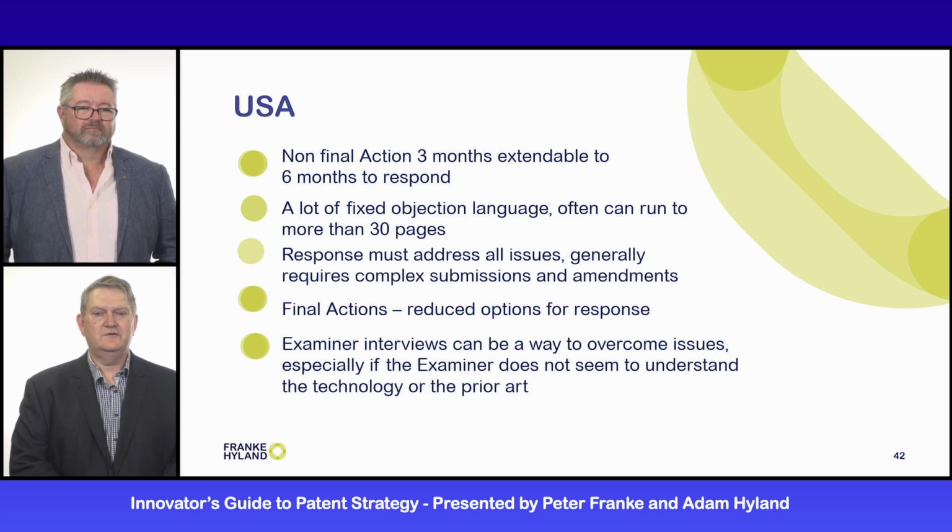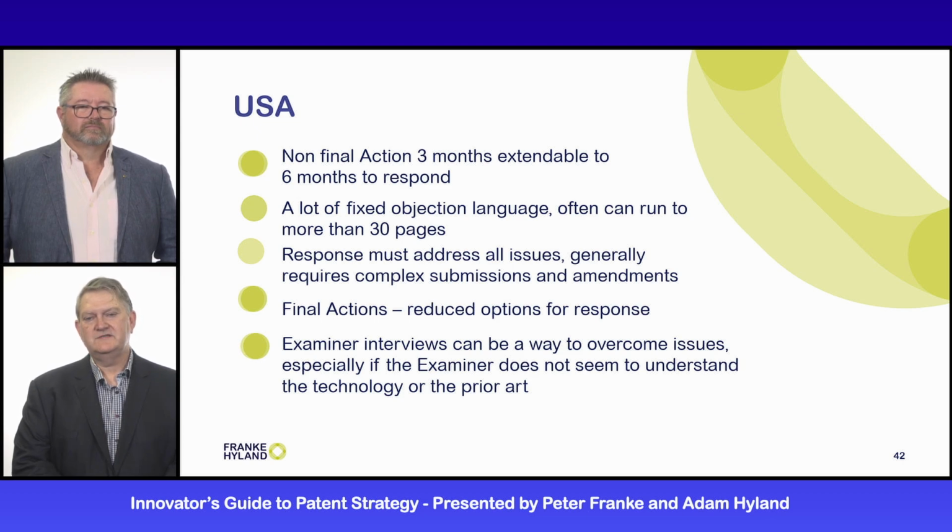So after you've responded to your non-final action, 19 times out of 20 you get what's called a final action. And the main significance is that you have reduced options for response. The examiner has more discretion to not accept amendments.